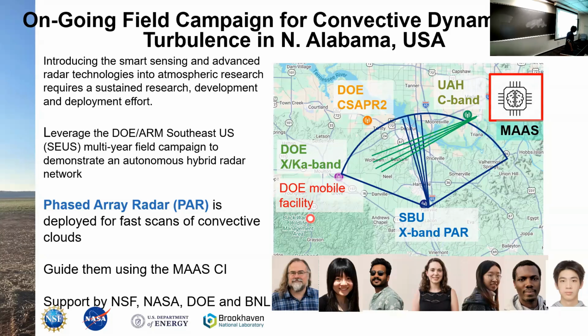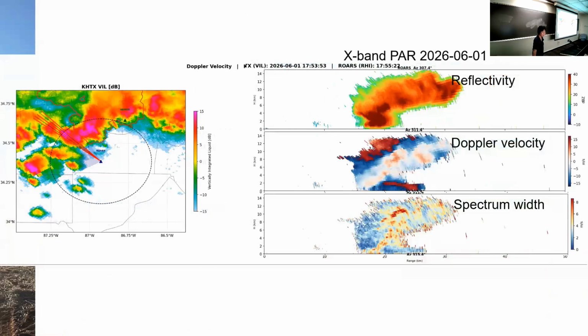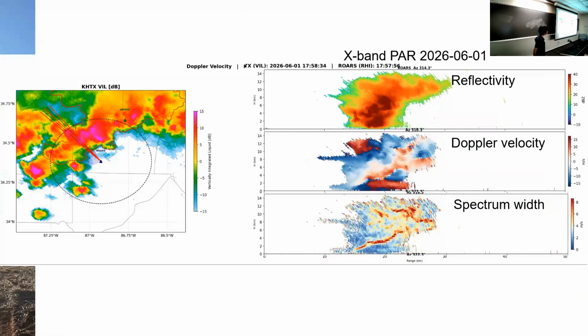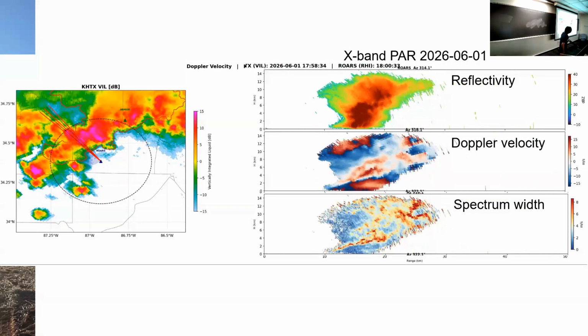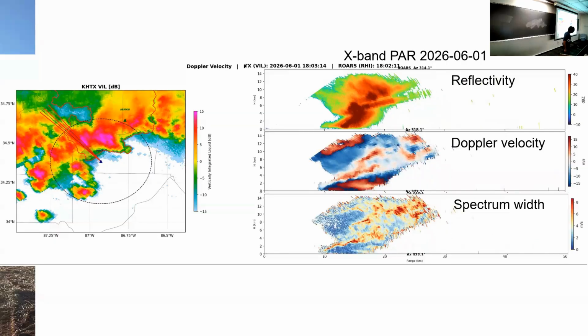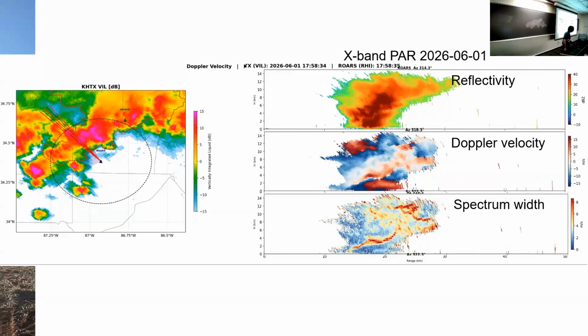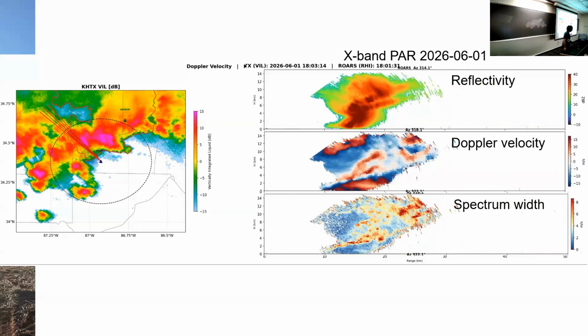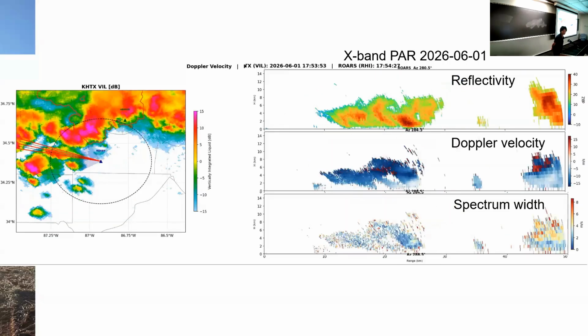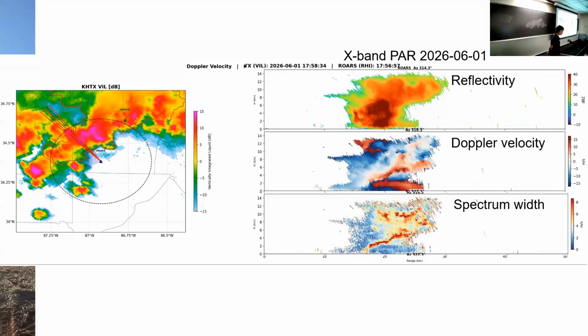We are working together. I forgot to put Pavlos here. So this is the initial result from the Stony Brook phased array radar. The top shows the Doppler velocity, the bottom the spectrum width. You can see a very nice feature of the dynamic and physical characteristics. And that's all. Thank you.